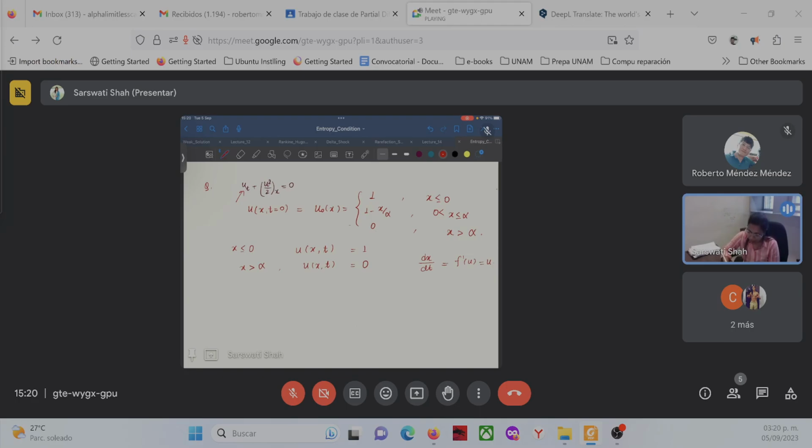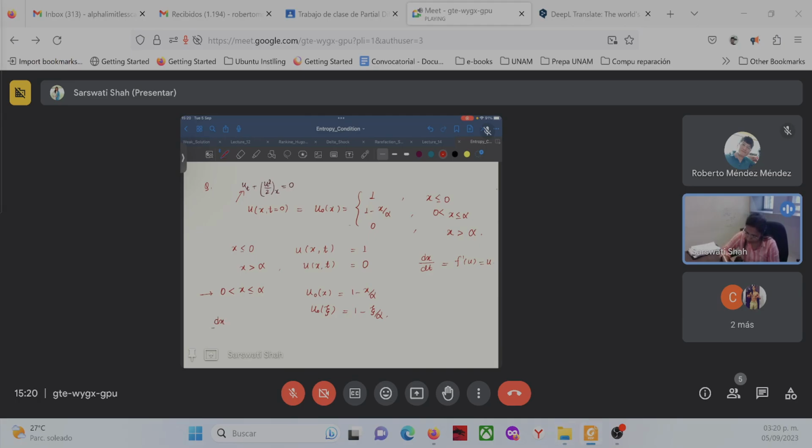Next, our aim is to discuss the solution between 0 and alpha. So between 0 and alpha, u naught of x equals 1 minus x over alpha, or we can say u naught of xi equals 1 minus xi over alpha.